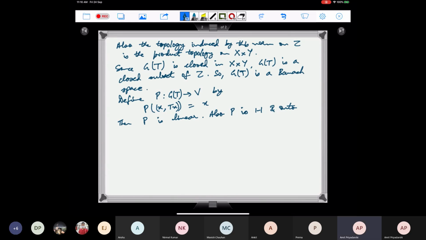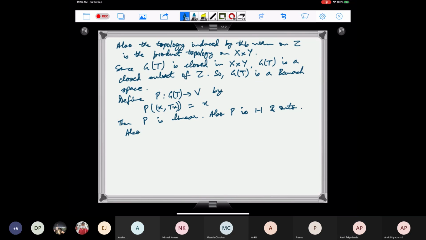This is also clear. It is onto because for any x, x is the image of (x, T of x). And one-one is again clear because if P of (x1, Tx1) is equal to P of (x2, Tx2), then that implies that x1 is equal to x2, so (x1, Tx1) is the same as (x2, Tx2). So P is linear, one-one, onto.